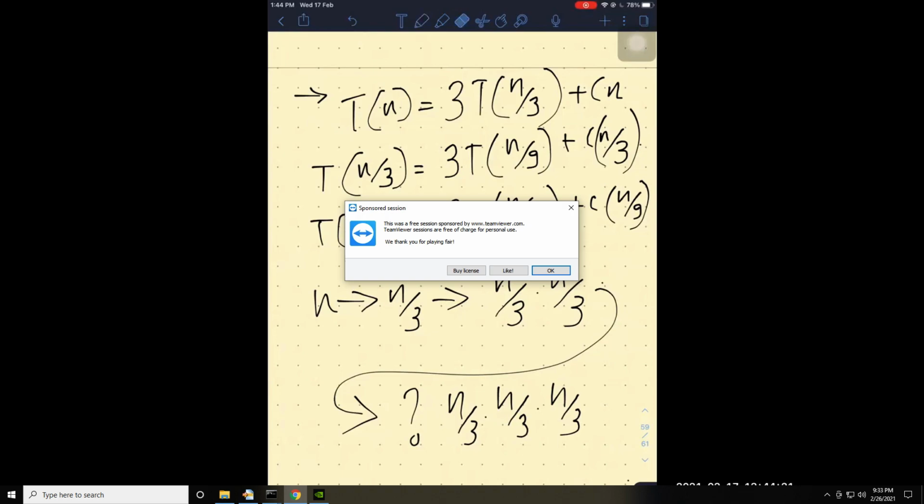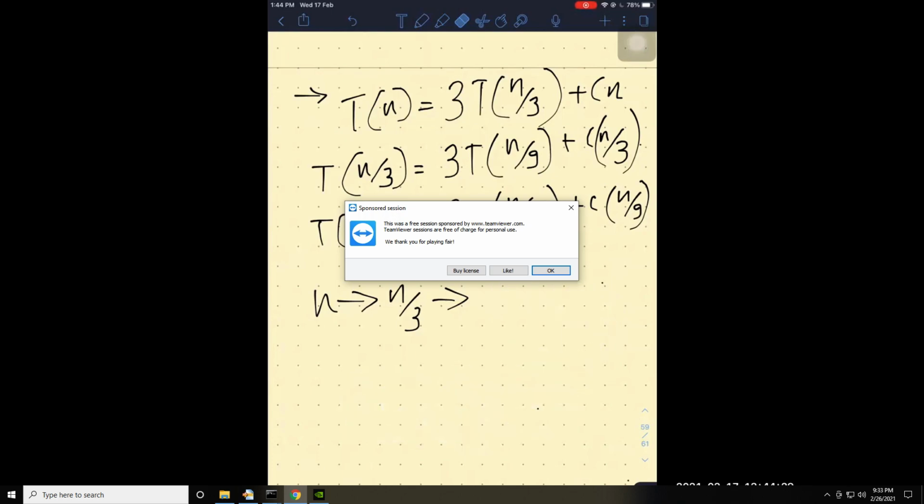Sorry, I made one mistake here. Let me correct my mistake. So the second term was n divided by 3 times 3. The third term will be n divided by 3 times 3 times 3. N will not change. The denominator will only change. Okay, so after that, what will be the next term?